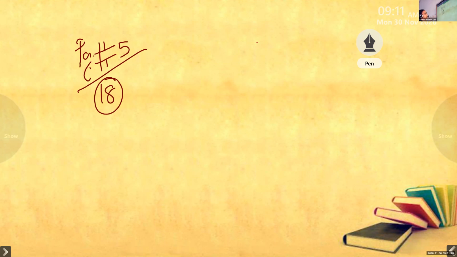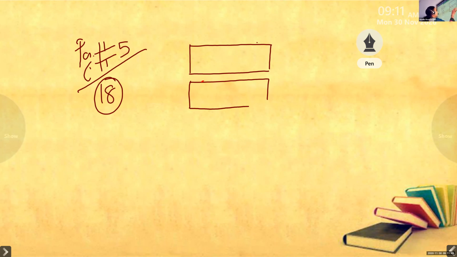So children, I told you how we can draw and compare. We have done this, but those who have not written, we can draw the pictures again. Here we have to divide equally.